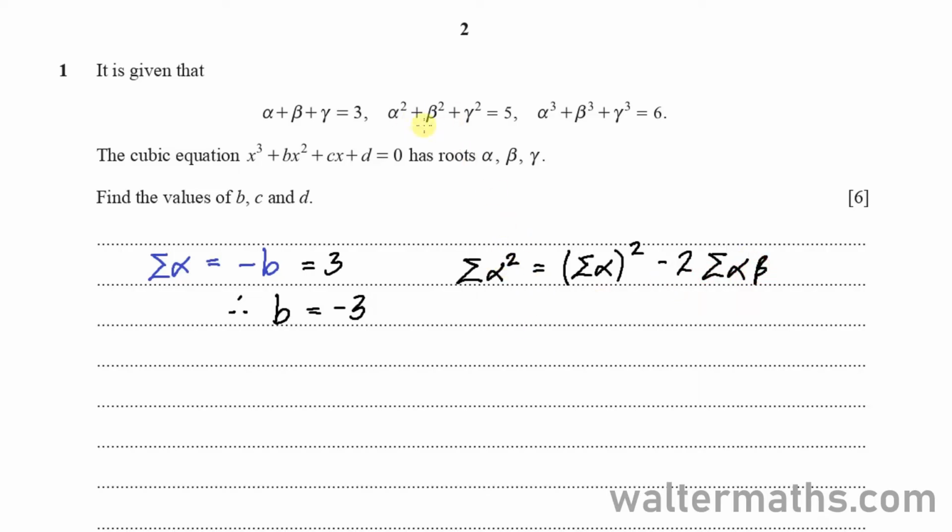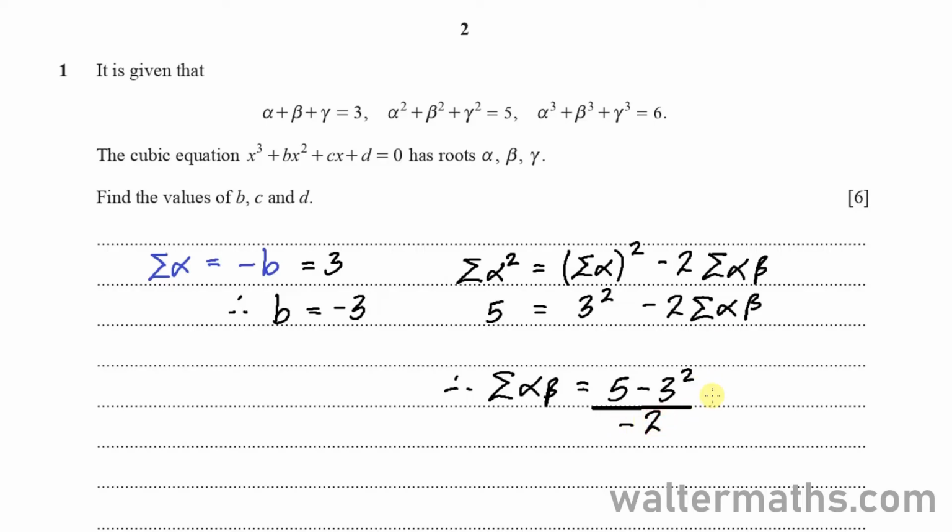So here the sum of roots of the form alpha squared is 5, and the sum of roots squared is going to be 3 squared, minus 2 of the sum of product of pairs. So therefore the sum of product of pairs should come out as 5 minus 3 squared, all over minus 2. So that's equal to 5 minus 9, that's minus 4, and minus 4 over minus 2 gives us 2.